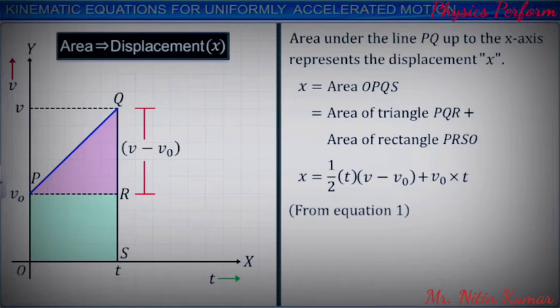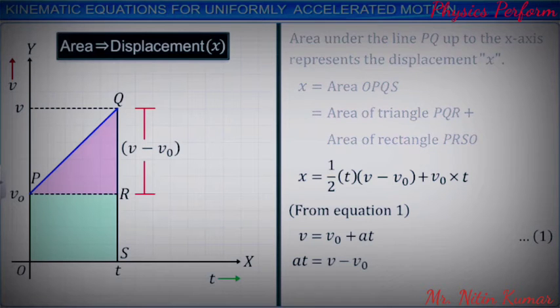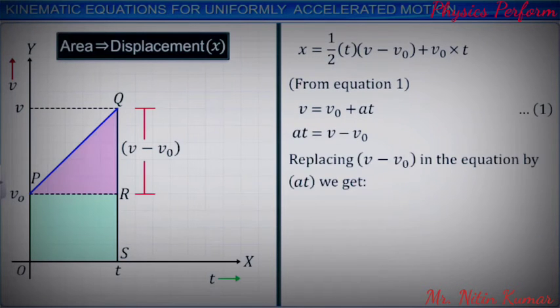Here, the product of a and t can be derived as the difference between v and v naught. Now, replacing the v minus v naught in the equation by at, we get x is equal to v naught into t plus half at square. This is equation 2 of motion.